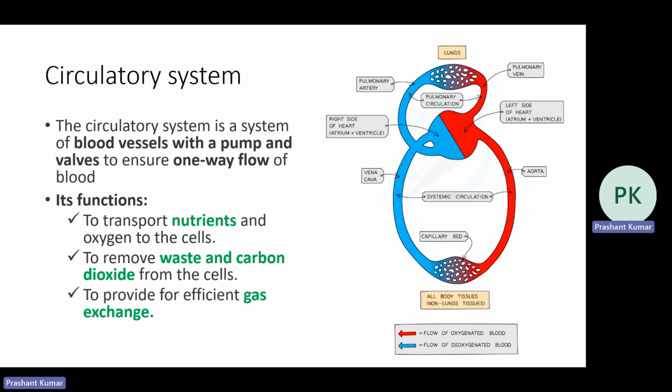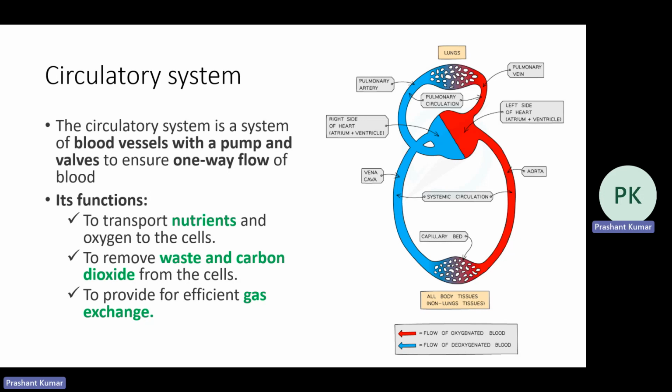The communication should be as fast as it can be, because there are billions of cells in your body, even more than that, and all cells must get nutrients as well as oxygen.